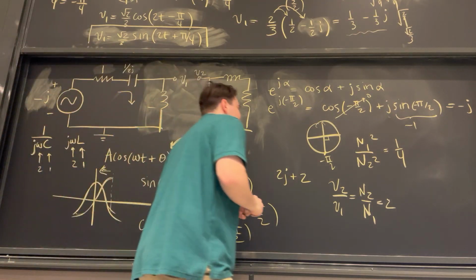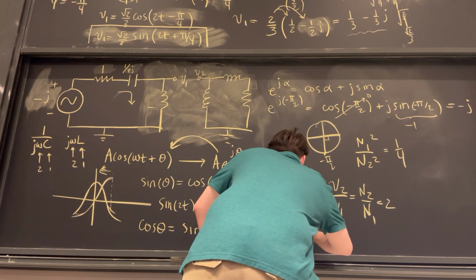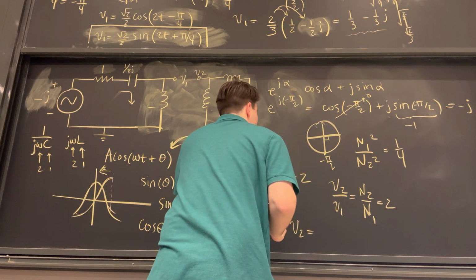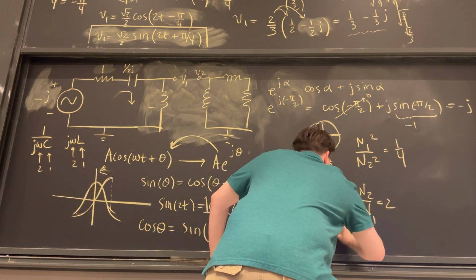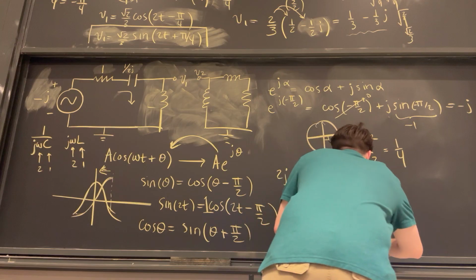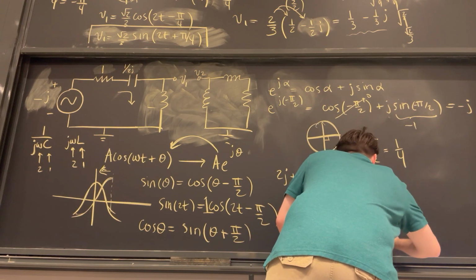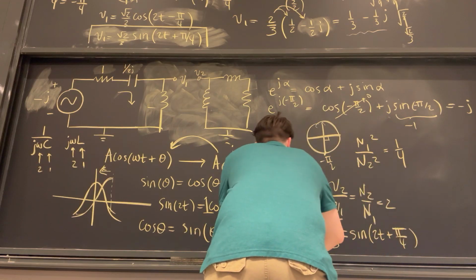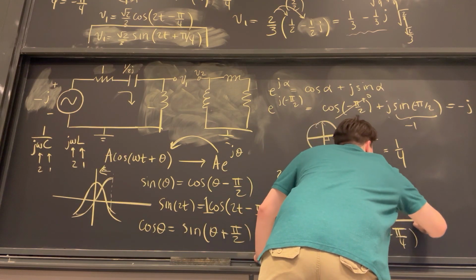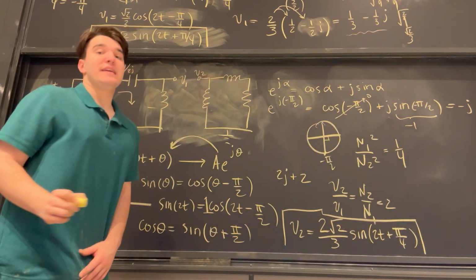So our final answer for this whole problem is V2 equals that extra factor of 2 times root 2 all over 3 times sine of 2t plus pi fourths. And of course, we always work in radians right there.